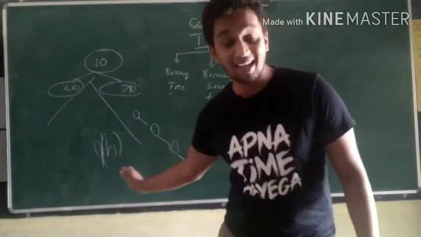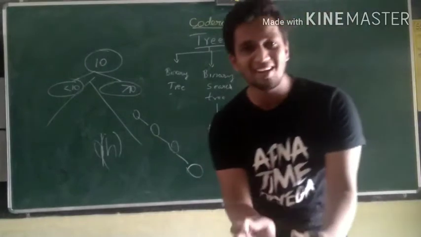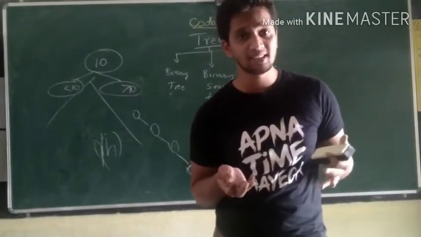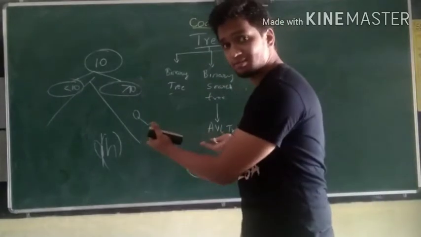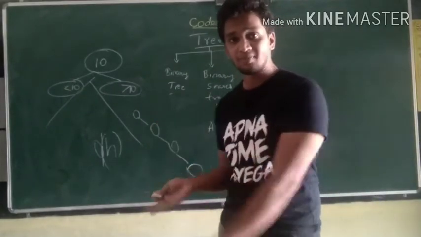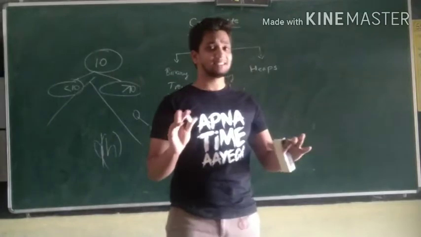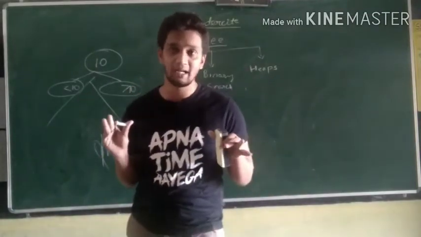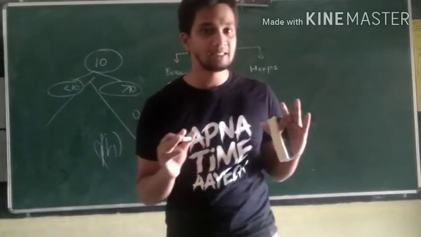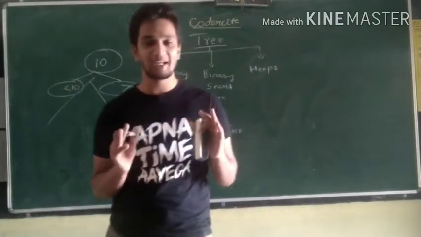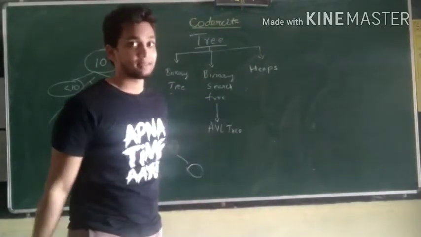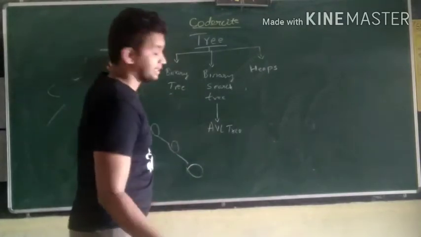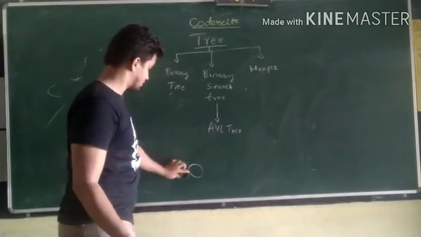It's not a balanced binary search tree. This is nothing but a linked list. What's the time complexity of searching an element in a linked list? It's O of n. So it will be the same here, O of n. So it does not always promise you log n time in searching an element, but nearly 80% of the times it promises you log n time searching for an element, because it's nothing but a sorted array.